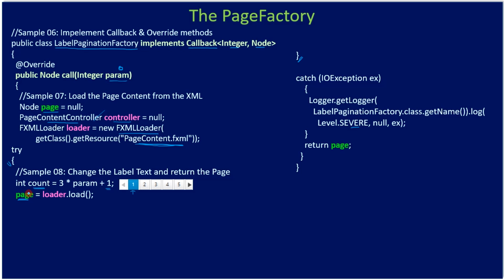So now we have the page, and from the loader we get the controller also. So the controller is associated to this page. Alright, page FXML, controller is the business logic layer. So we are retrieving the controller also from the same loader.